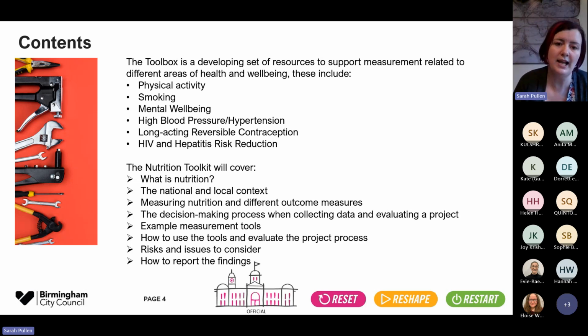Within the nutrition element of the toolbox, what we're discussing today is what is nutrition, the national and local context of nutrition, measuring nutrition and different outcome measures, the decision-making process when collecting data and evaluating a project, example measurement tools, and how to use the tools and to evaluate the project process, risks and issues to consider, and how to report findings. And I'm also going to give an example of how this can be used in practice.